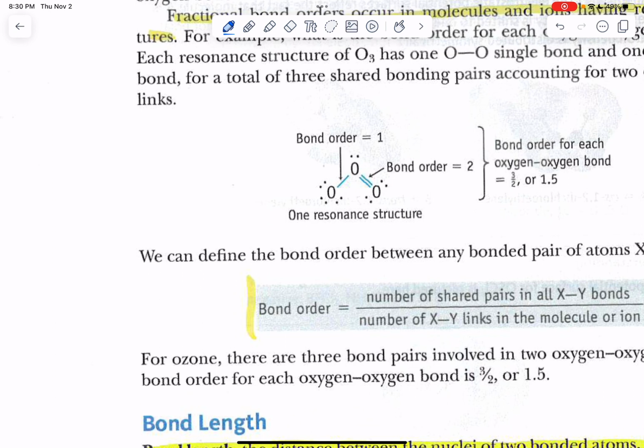If I take ozone, and I'm going to redraw it here, with single covalent bonds to each of my other 2 oxygens, and I'm going to take away a pair of electrons.